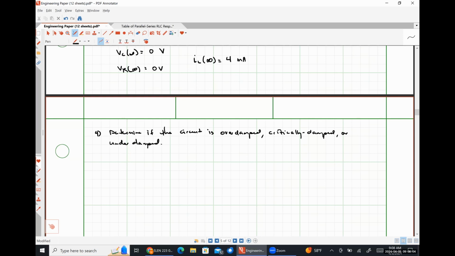Omega naught is only dependent on the inductor value and the capacitor value. So that bit is rather easy, right? Omega naught should be the square root of 1 over LC. So that is going to be the square root of 1 over 62.5 henries times 2.5 microfarads.